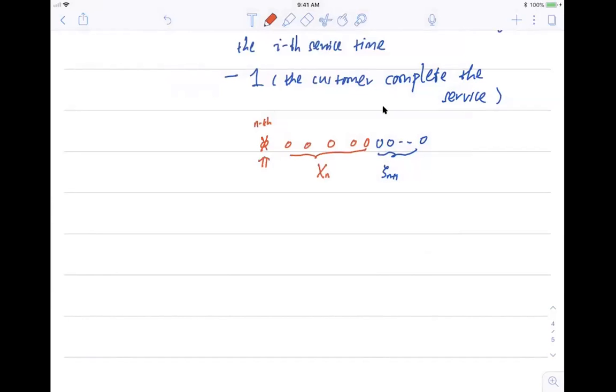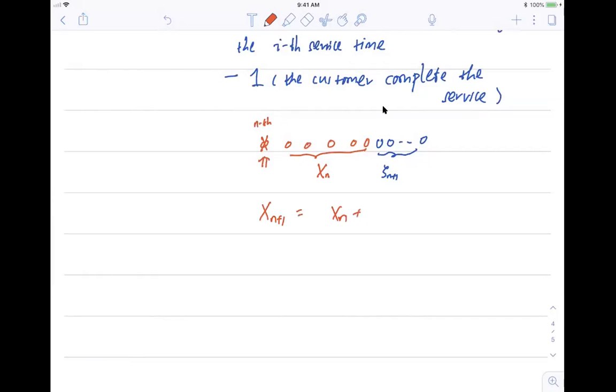So this is xn, and this guy is served, so he doesn't count. And this is the number of customers that come during the service time of this guy. So xn plus 1 is really xn, the people waiting, plus psi n plus 1.